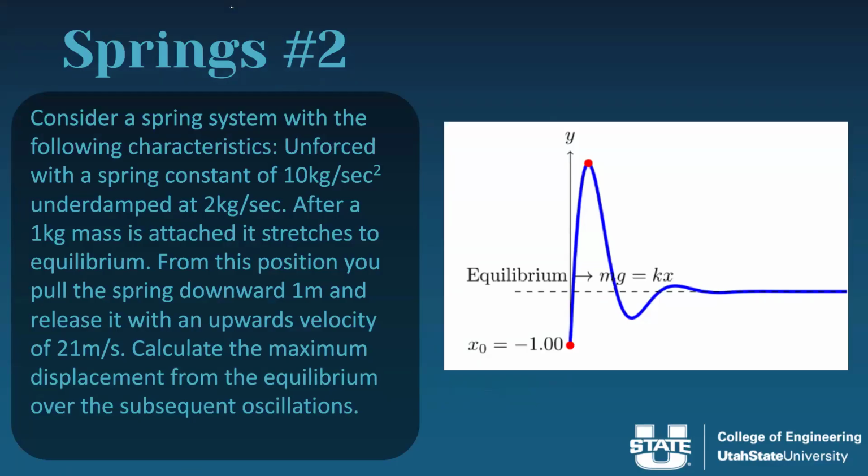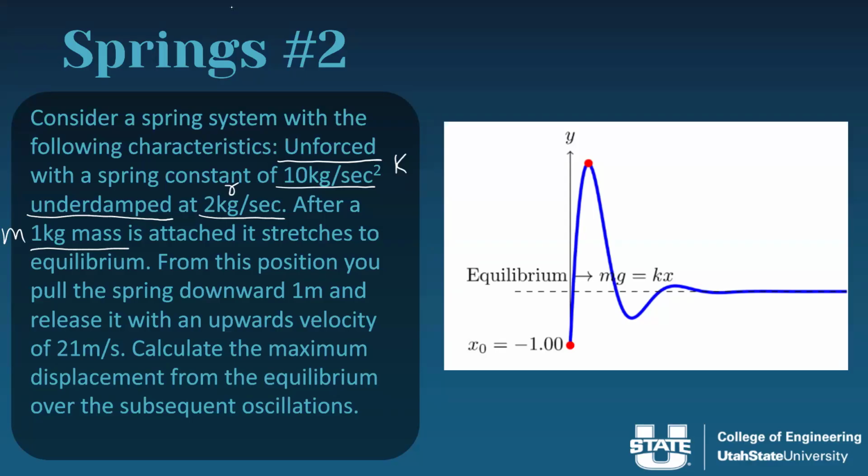But this one's still unforced. We have a spring constant of 10. This time, instead of telling us it's critically damped, it tells us it is underdamped. And it gives us the damping, and it also gives us the mass. It stretches to equilibrium.